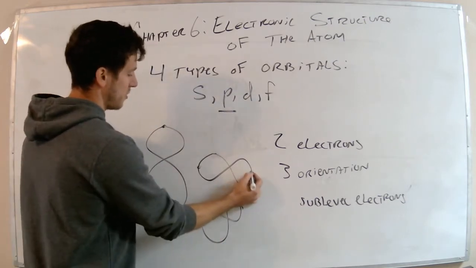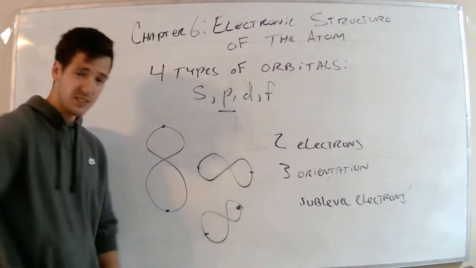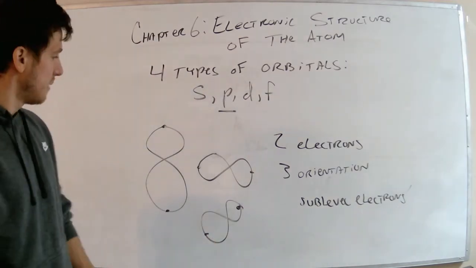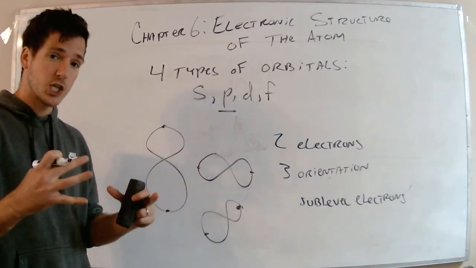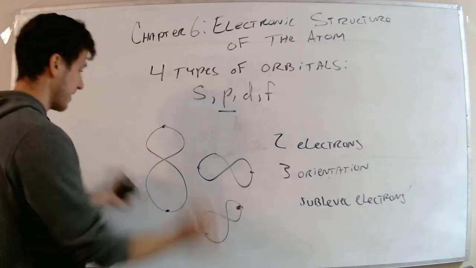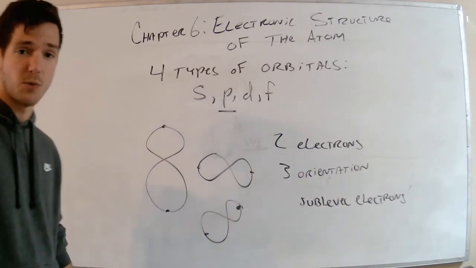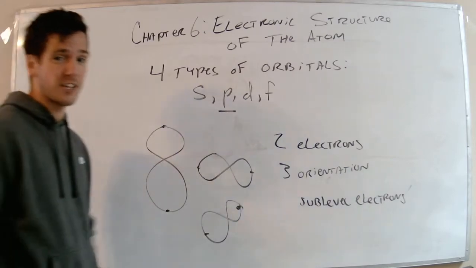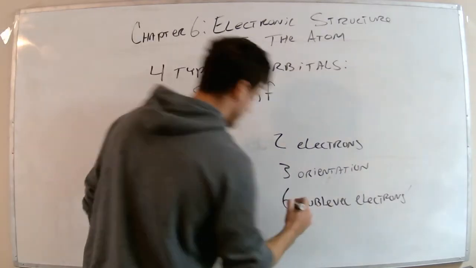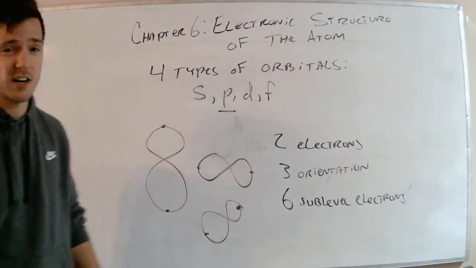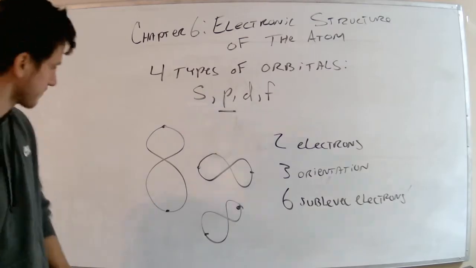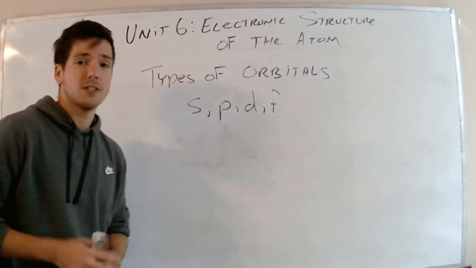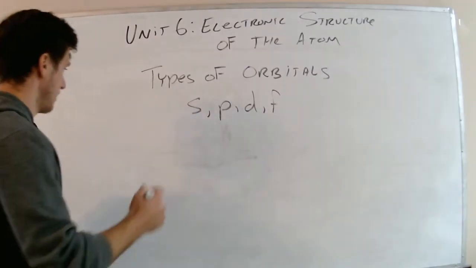And each orbital can hold 2 electrons, okay? But sublevel electrons, right, is the collection of all those orientations. So if I stacked all those orientations onto one another, then our sublevel electrons would be 6. And you see this with our electron configurations, right? 1s2, 2s2, 2p6.